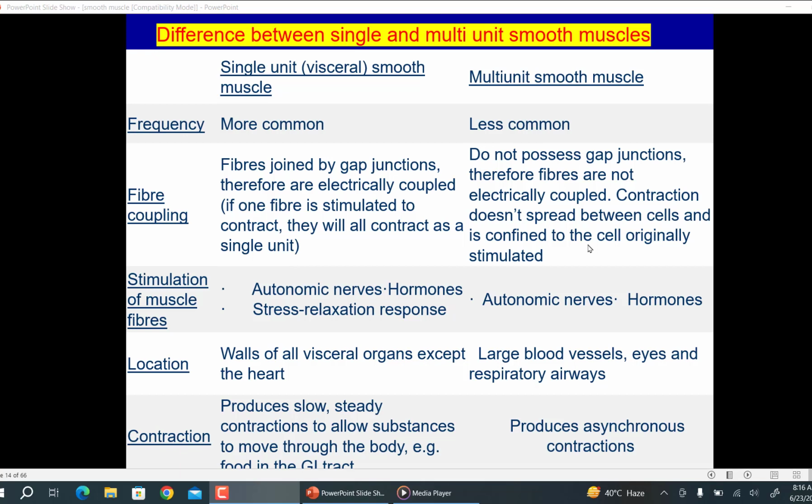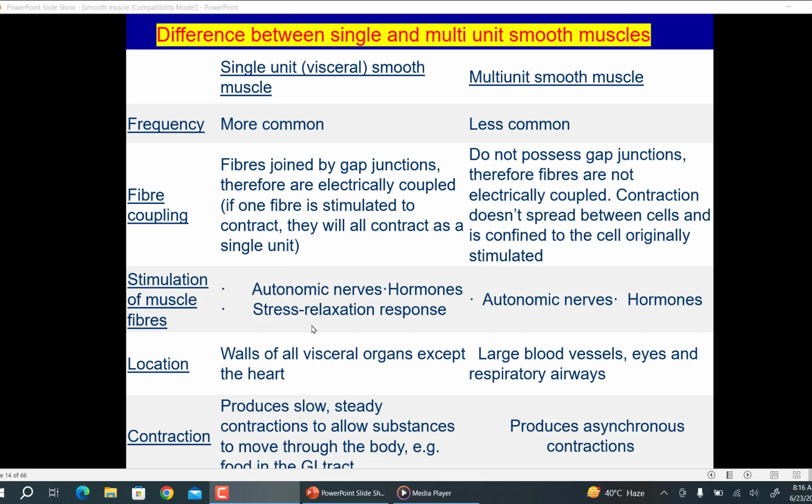The rest of the fibers remain quiet. Stimulation of muscle fiber: they are stimulated by the autonomic nervous system in the single unit, and hormones. Again, the multi-unit smooth muscles are also innervated by the autonomic nervous system and controlled by hormones.